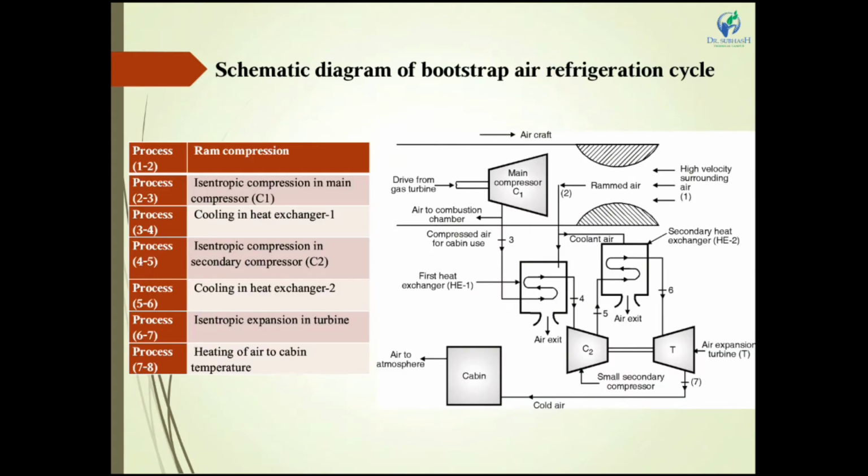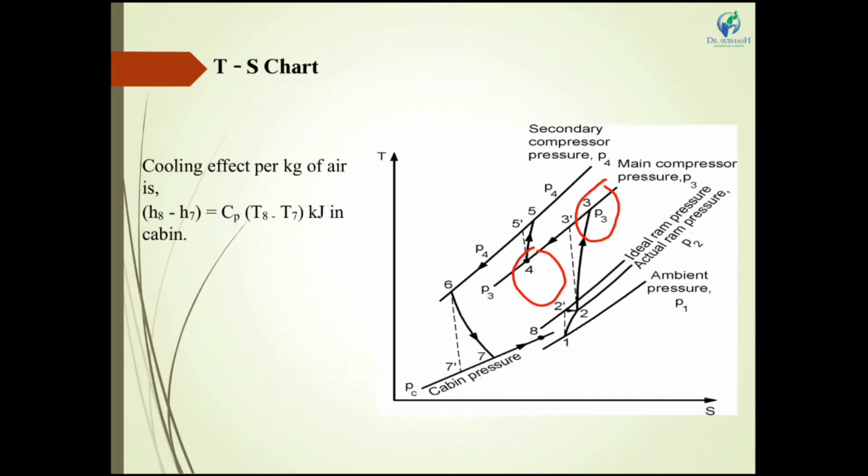Then this cooled air is passed through the secondary compressor, where we compress the air a second time. In the diagram you have to mention point 4 to point 5 as the secondary compressor process. At this time the temperature and pressure of the air also increase.